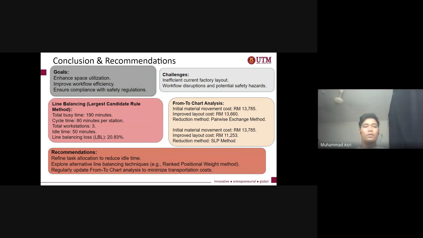And lastly, for recommendations, we need to refine task allocation to reduce idle time, and explore alternative line balancing techniques, for example the ranked positional weight method. And lastly, regularly update the from-to chart analysis to minimize transportation costs.